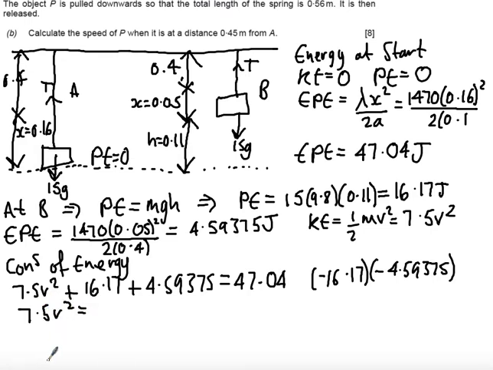so that 7.5 v squared is going to be equal to, and let's double check this quickly, 47.04 minus 16.17 minus 4.59375. What we get is, let's just call this 26.28 for the time being.